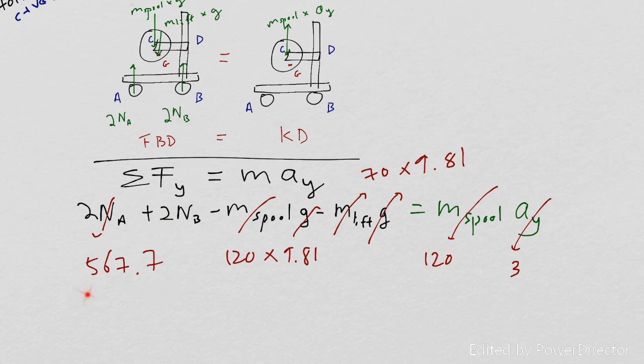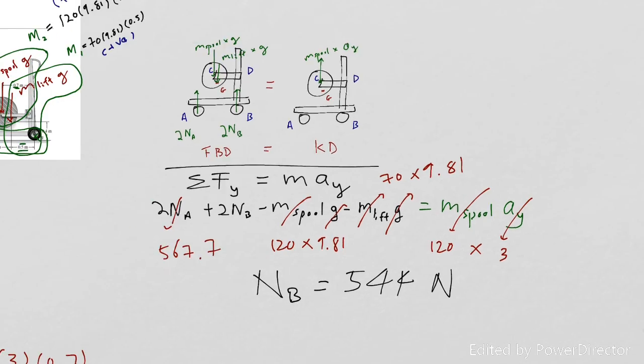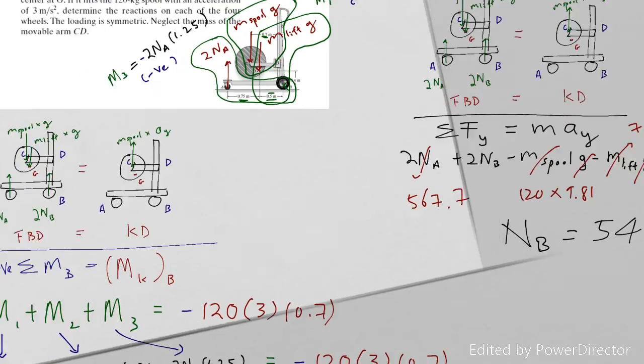So you can see here 2 NA, so 2 times 567.7, plus 2 NB, minus 120 times 9.81, minus 70 times 9.81, equals 120 times 3. By resolving that, our NB will be equal to 544 N. So right now we have resolved this question, NB and our NA.